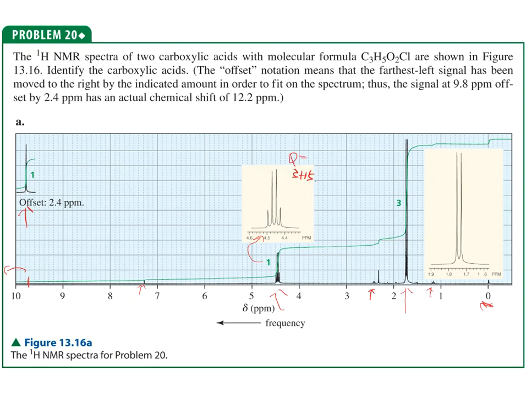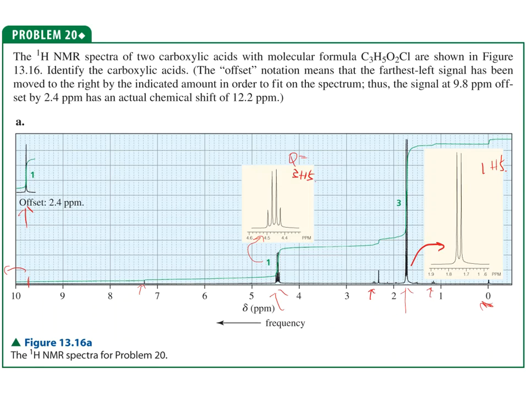And then here, this major one, it looks like this is about 1.8, 1.7. That is the enlarged one. And it looks like this is a doublet. And that doublet is 2 minus 1, which is 1. So maybe 1 hydrogen adjacent here.